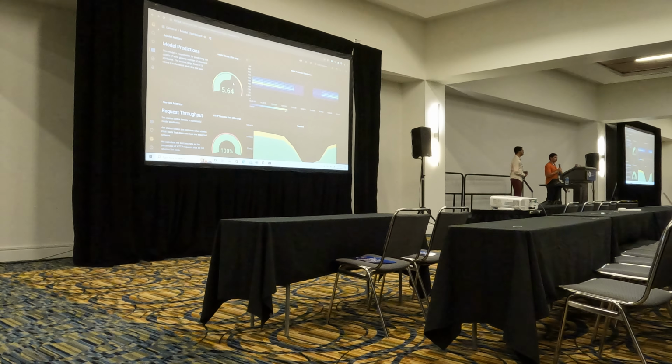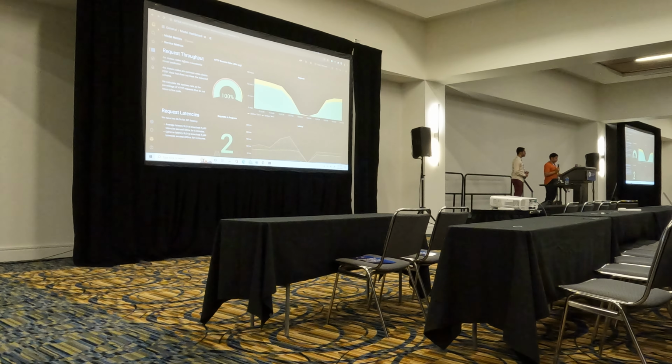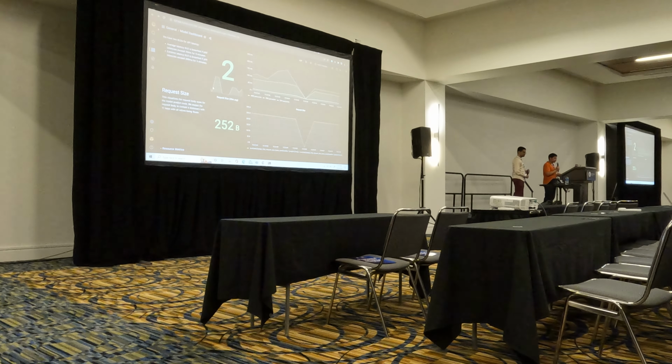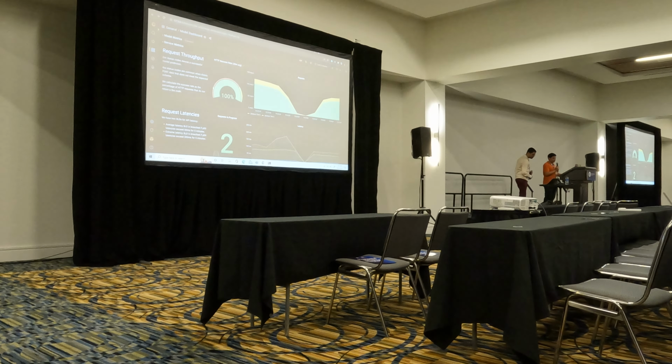We won't be going into the mathematical models right now. We just saw it for model prediction distribution, but all of this is open source. You can take a look at it. So those are the model metrics. We have also monitored service metrics and resource metrics, which are pretty straightforward, so I'll not talk a lot about them.